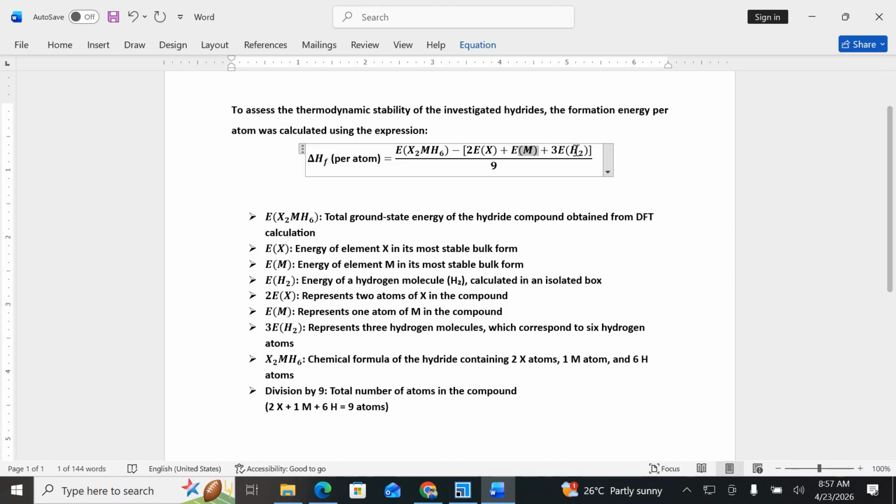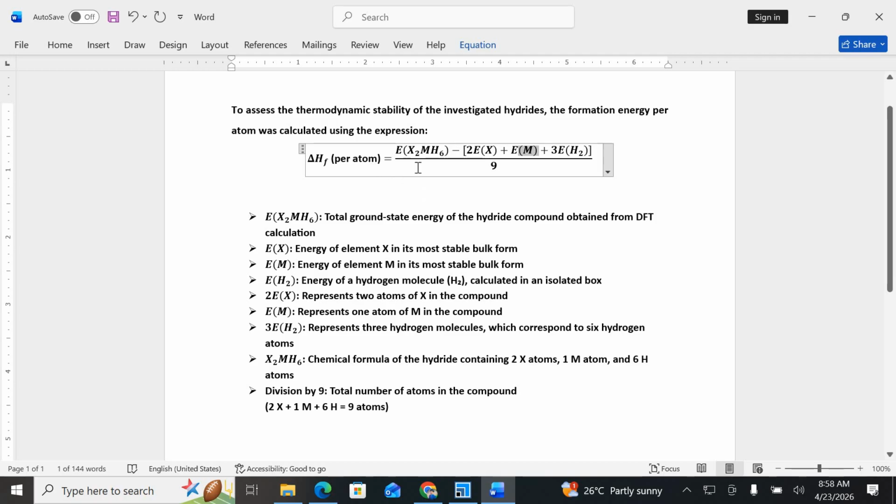The coefficients in the equation come from the compound. We have two atoms of X, one atom of M, and three hydrogen molecules, which together give six hydrogen atoms. The entire expression is divided by 9 because there are a total of 9 atoms.